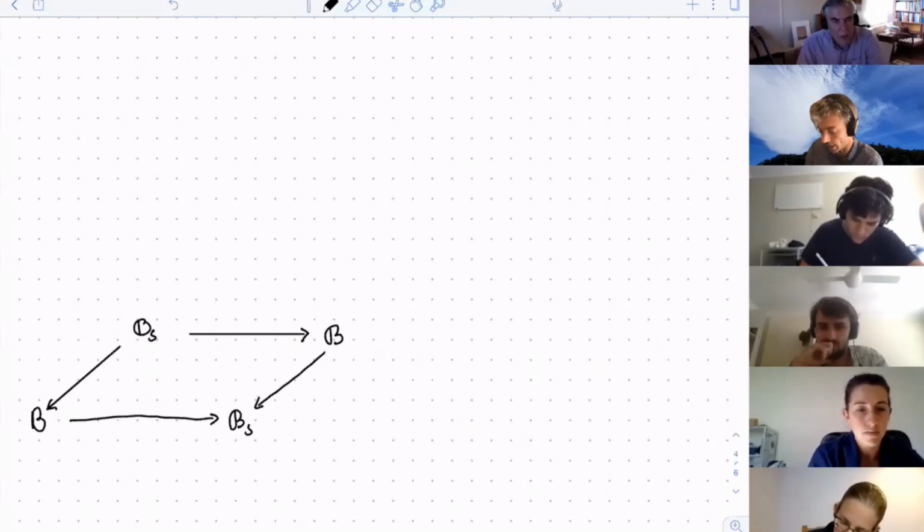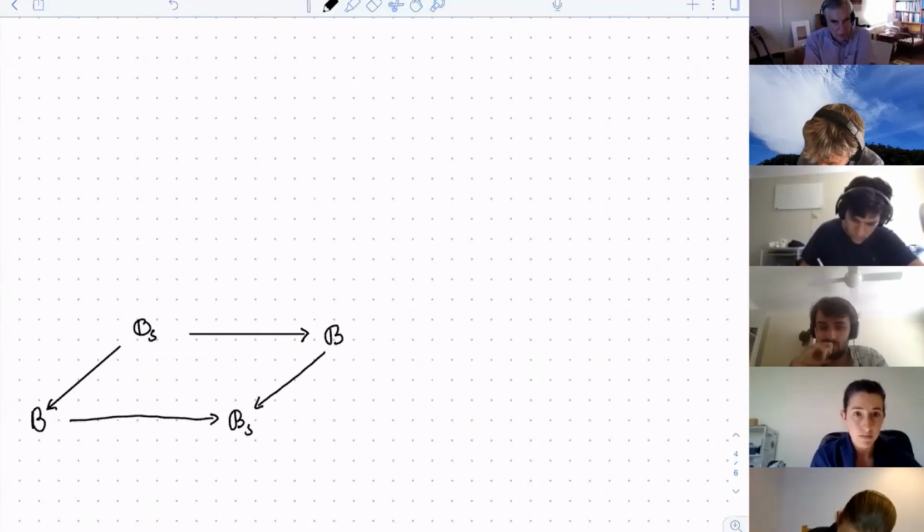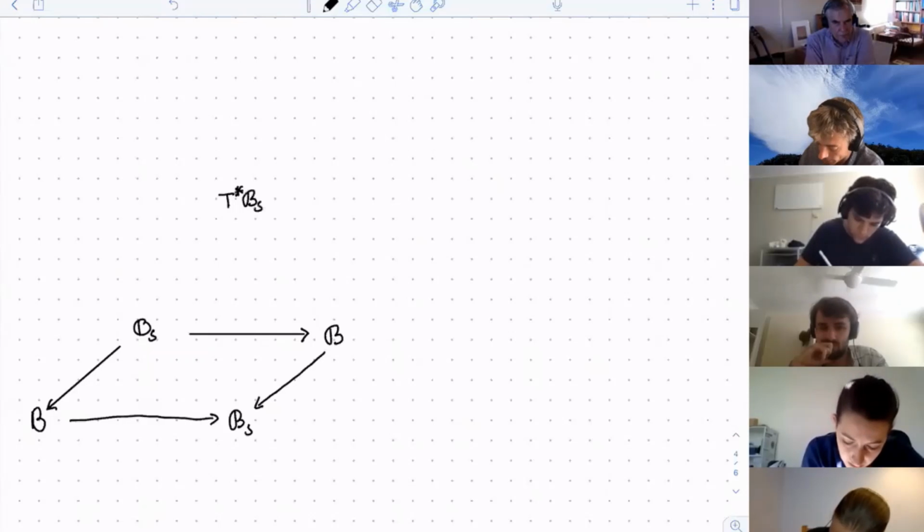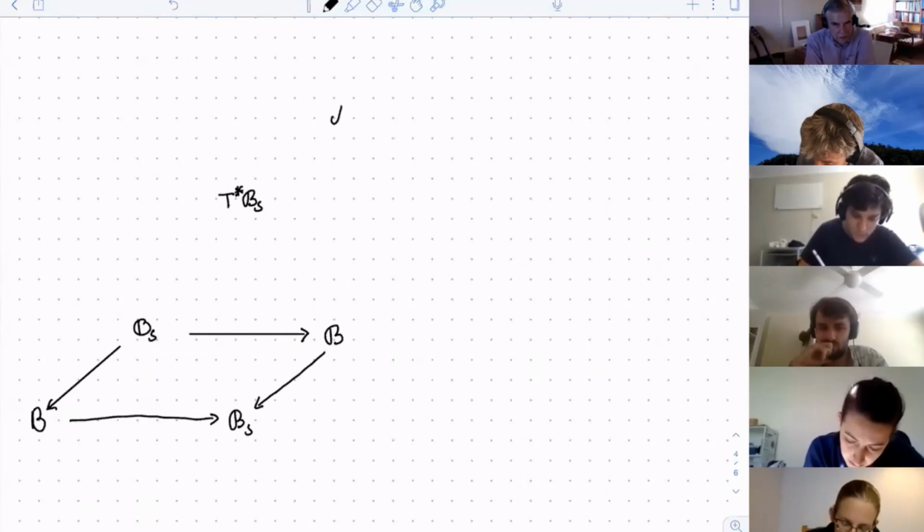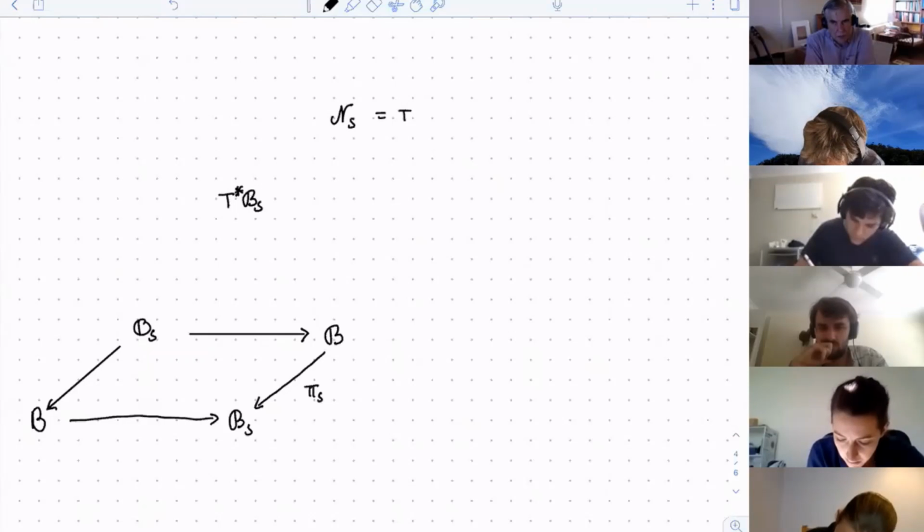So this is our Cartesian diagram from before. And now up here, we can put the cotangent bundle of BS. And I want to consider NS, which is, if this map we denoted pi s, pi s upper star of the cotangent bundle.